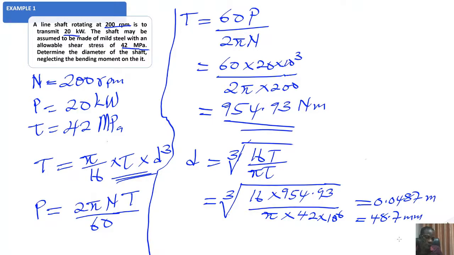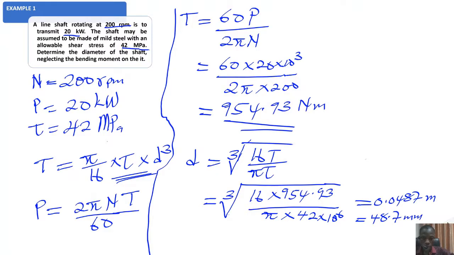But this is not the standard size, so we need to determine the standard size of this shaft by using a table. There is a table which can give us the standard size of the shaft that we can use. Let me quickly get that table.